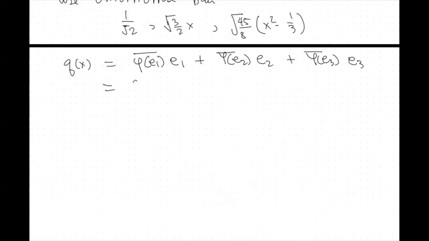This is just the integral from -1 to 1, and then apply it to our first basis element.